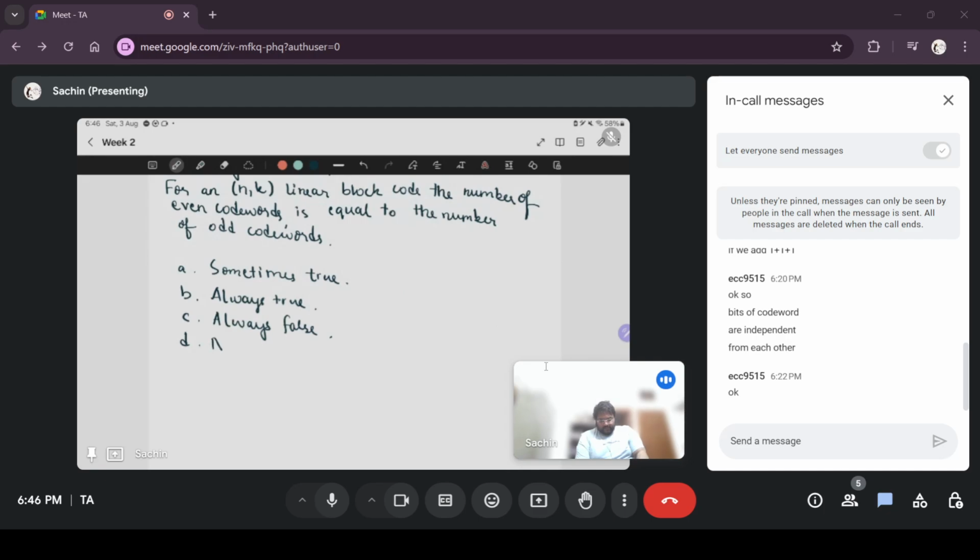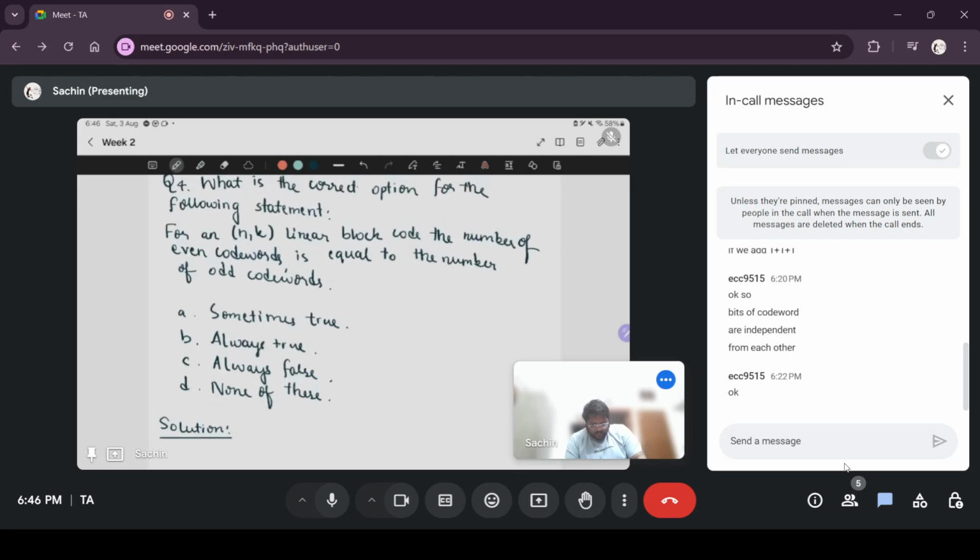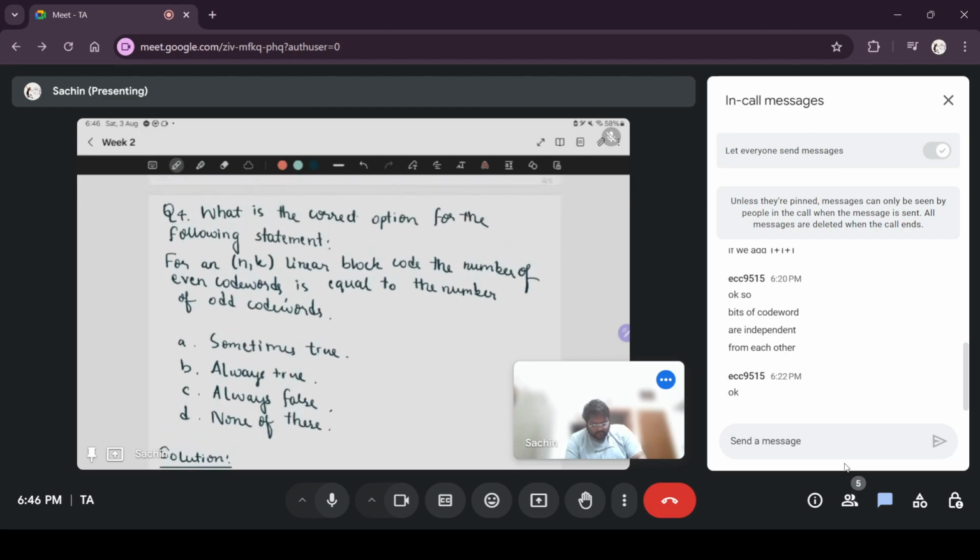Or is it none of these? What do you think? So in an (n,k) linear block code, is the number of even code words always equal to the number of odd code words?